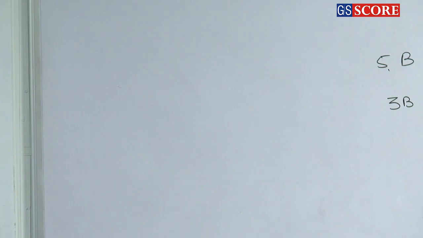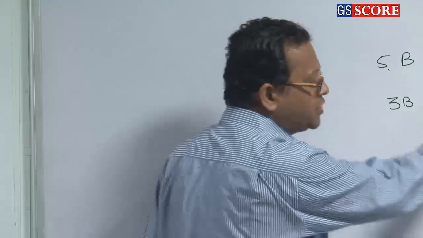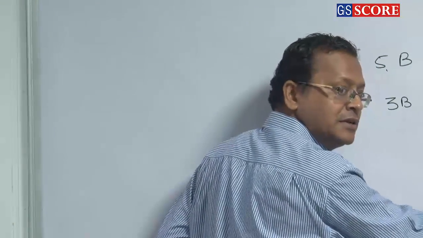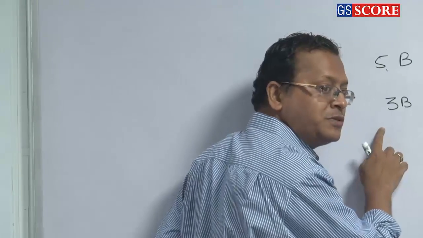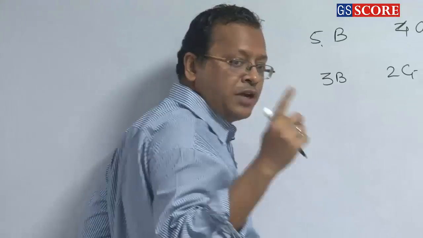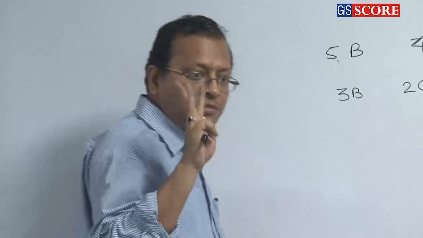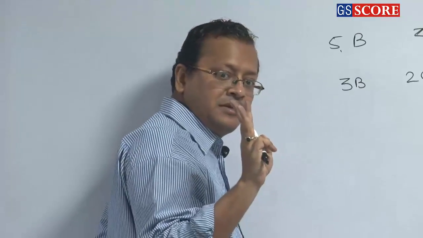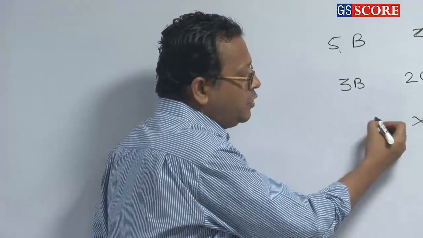How many ways can this be done? There is no constraint on the girls, so 4C2 ways. But a committee of 3 has to be selected from 5, but 2 will always be there. So I need to select one more from 3 only. So it will be 3C1 into 4C2.